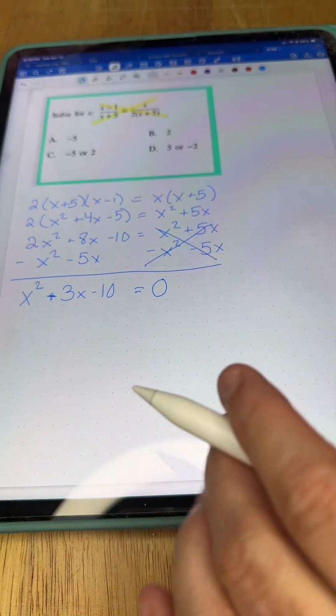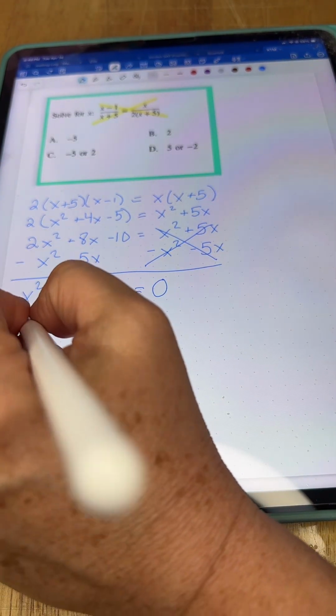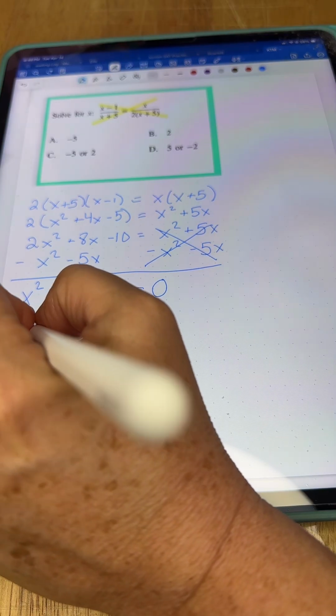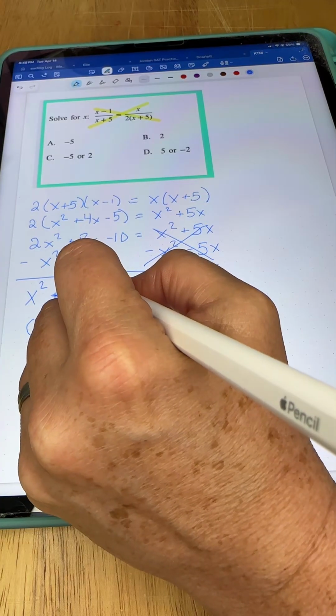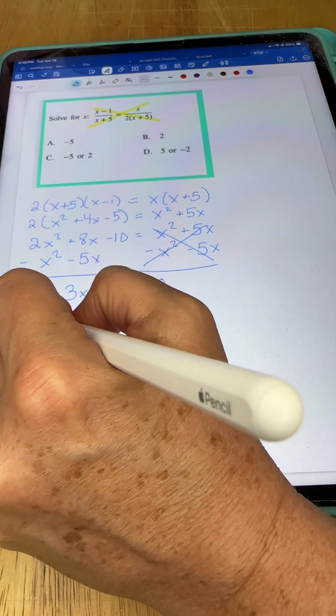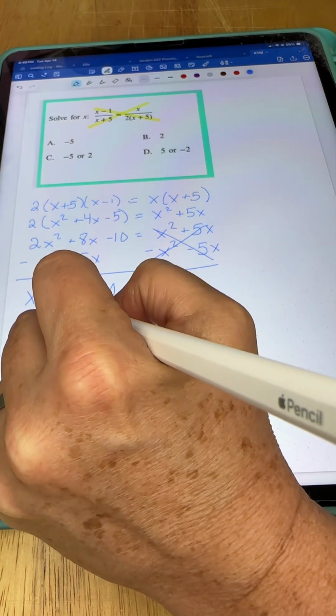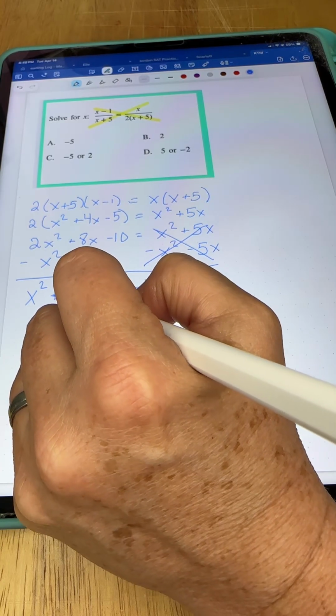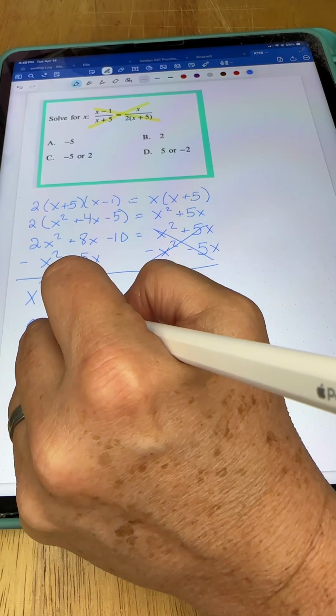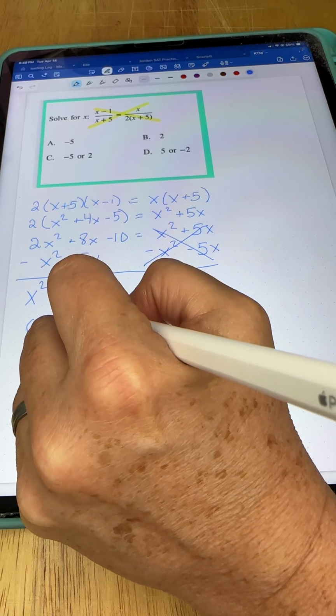I will do another video on how to factor these, but for right now, I'm just going to factor them, okay? So my two factors I'm going to use are negative 5 and positive 2. So we're going to have x minus 5 and x plus 2.